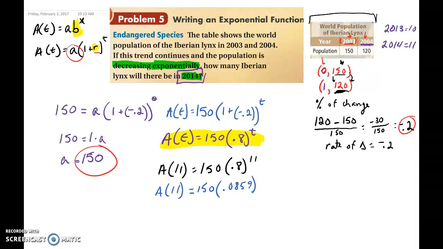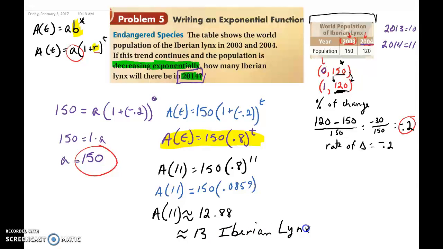And then we multiply that by 150. So then we get a sub 11 is approximately equal to 12.88, or we would say that there would be approximately 13 Iberian lynx left.